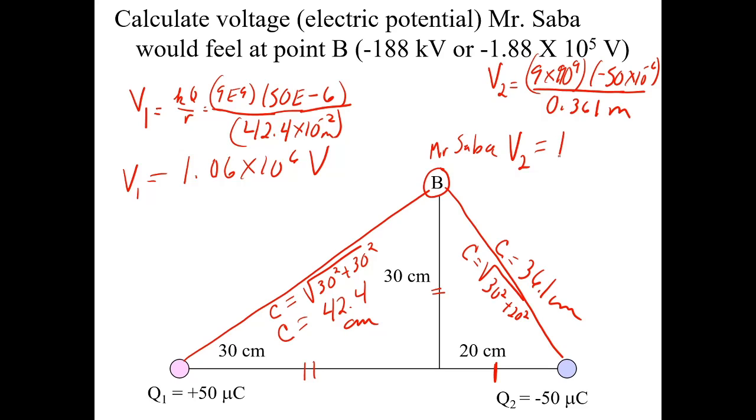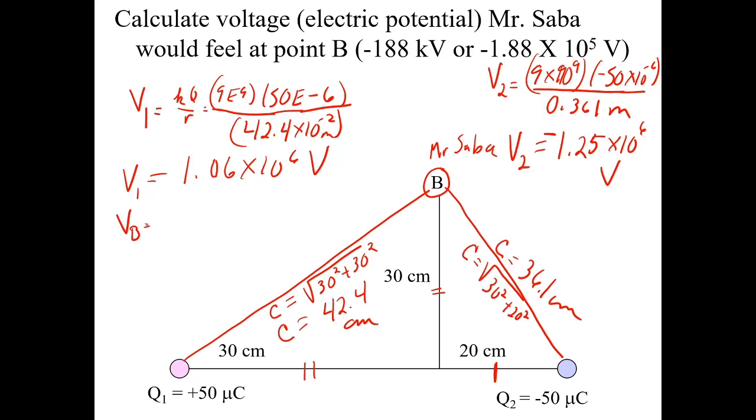And we should get a higher voltage. It's not surprising. Oops, I think I put something in wrong. Let me just double check my numbers. Yeah, 1.25 times 10 to the 6th volts. And that's negative because it was a negative charge.